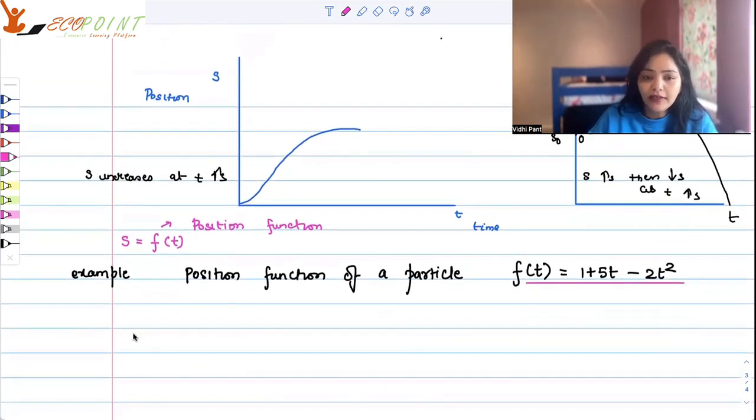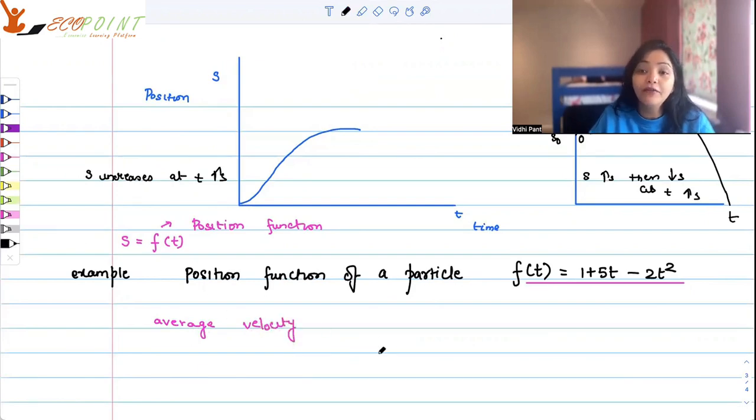Now, in that kind of scenario, we can introduce the concept of average velocity. So what would be the average velocity? In other words, it is speed with direction. Direction, we can assume that it's just going in one direction, like the car or ball.